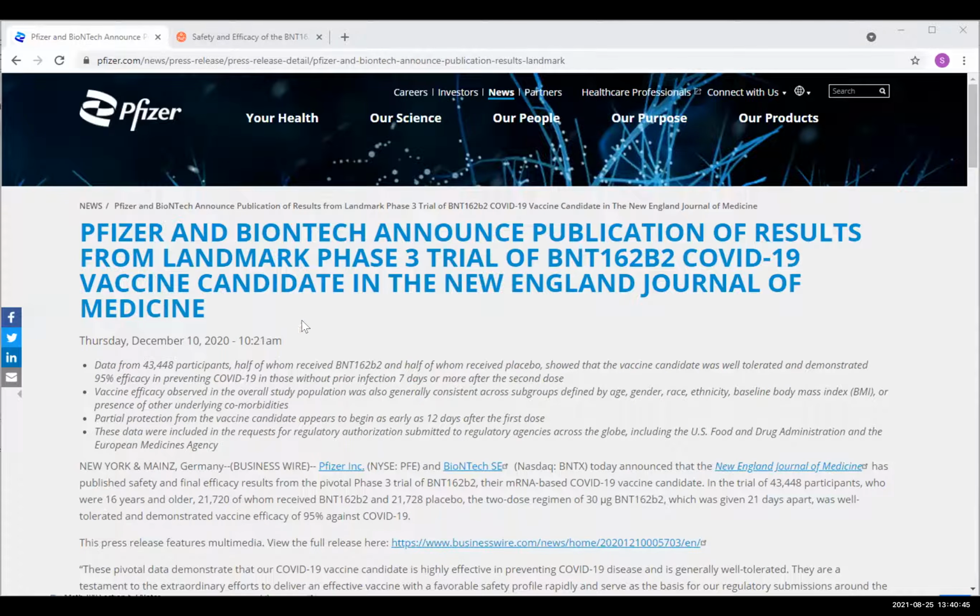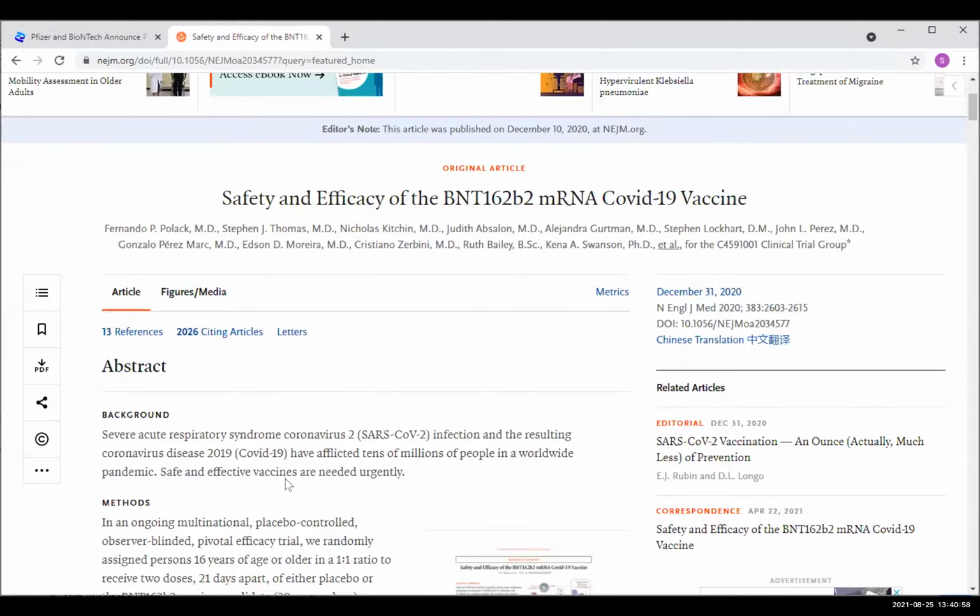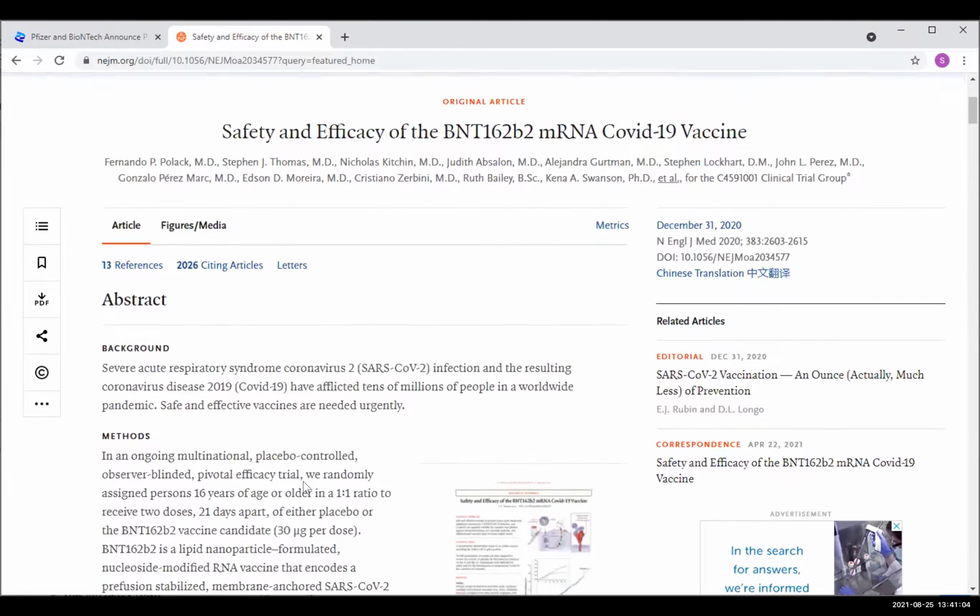So this is the article published by Pfizer on their data, and you can see the data was published on December 10th, 2020. And the other one, a medical article published in the New England Journal of Medicine back in 2020, is this one.